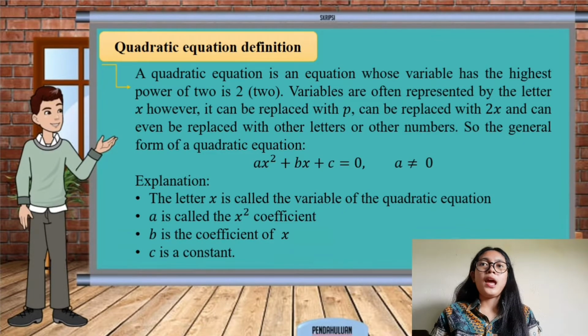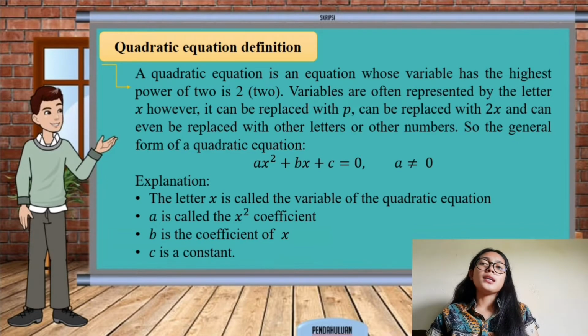However, it can be replaced with b, can be replaced with 2x, and can even be replaced with other letters or other numbers. So, the general form of a quadratic equation is ax squared plus bx plus c equals 0, when a is not equal to 0.